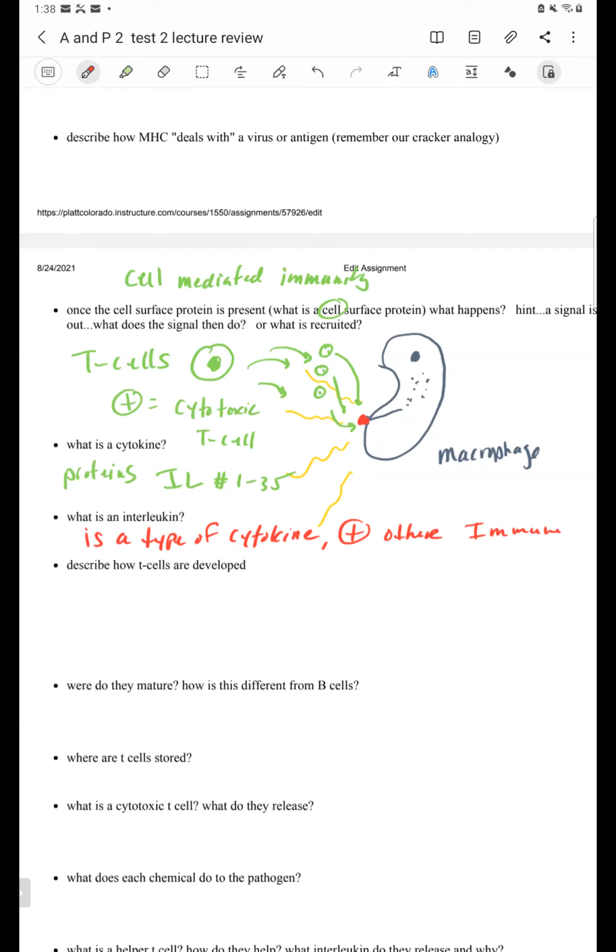So that's some of the things we wrote down toward the end of our longhand notes, right? Interleukin 2, for example, allows T cells and B cells to communicate with each other. And interleukin 2 is what helps stimulate the cell division of your T cells and B cells, right? So all the interleukins recruit and have a different function.